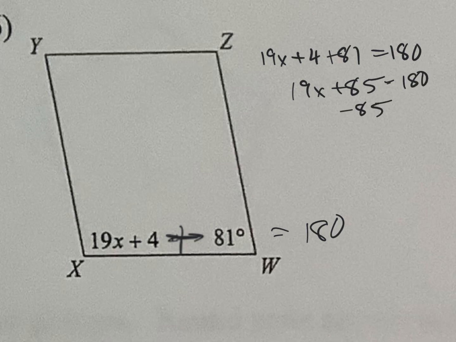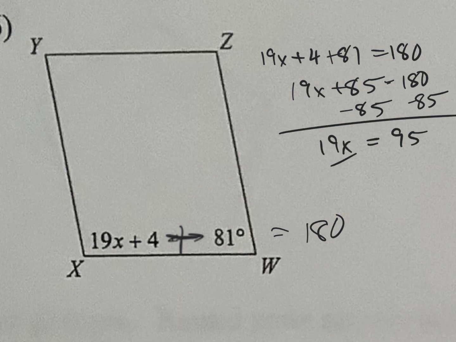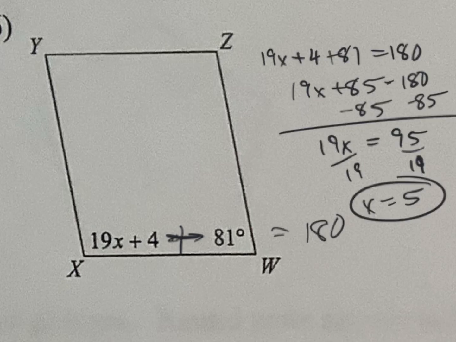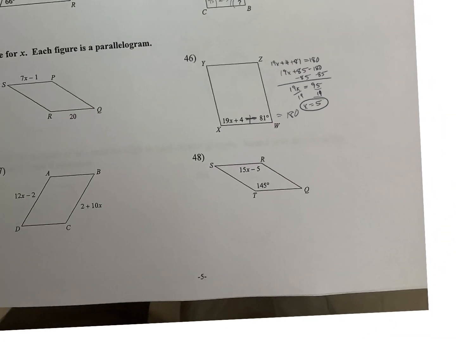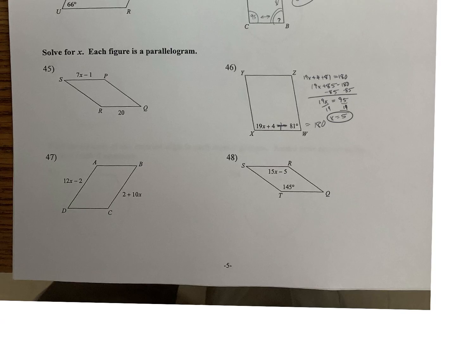Subtract the 85. 19x is equal to 95, divided by 19. X is 5. All right, so you're either adding them together and equal to 180, or you subtract them, or you set them equal to each other. Like 48, those two are equal because they're opposite angles.